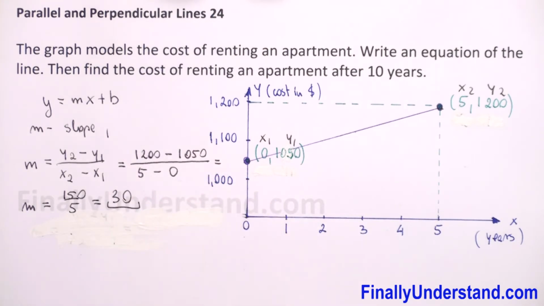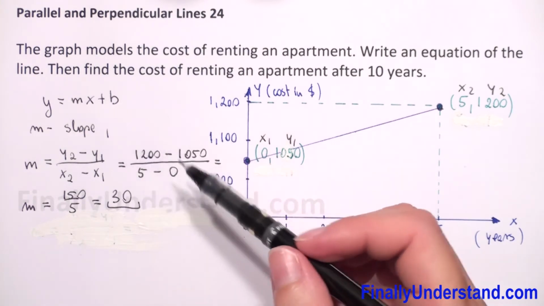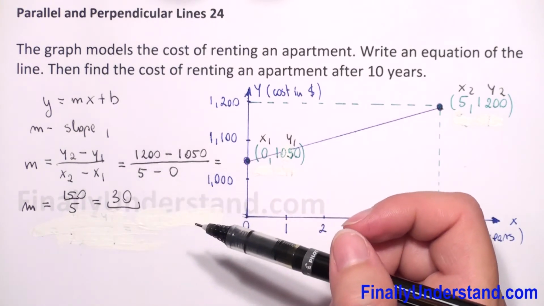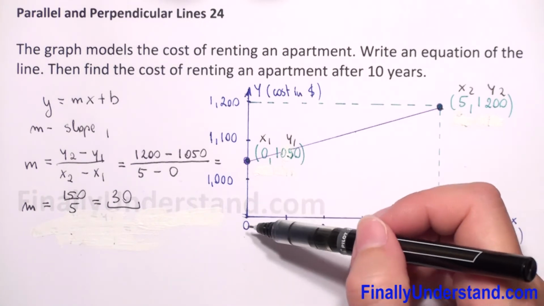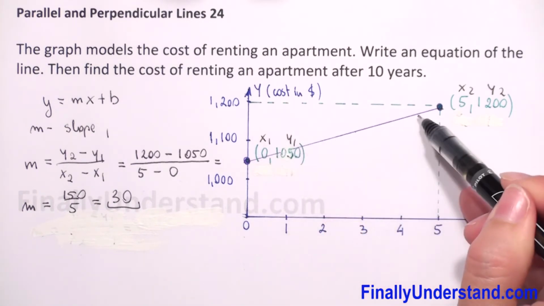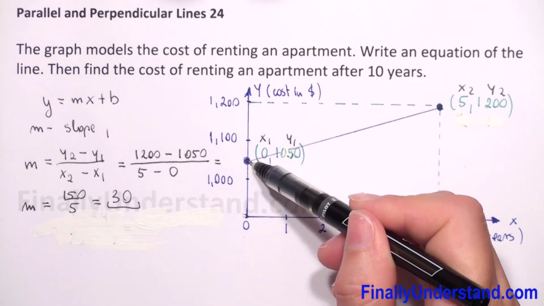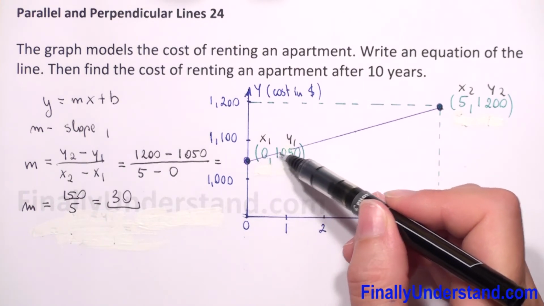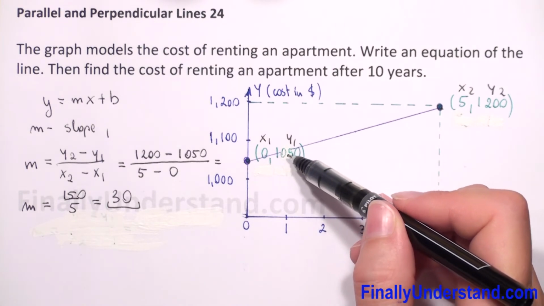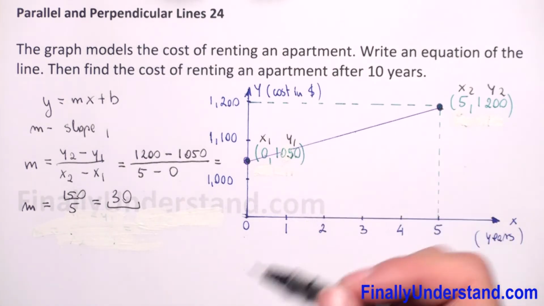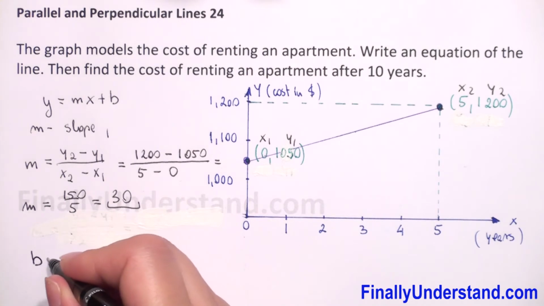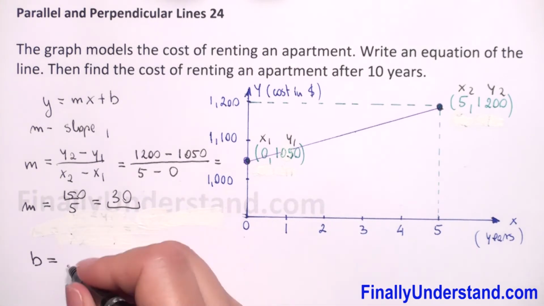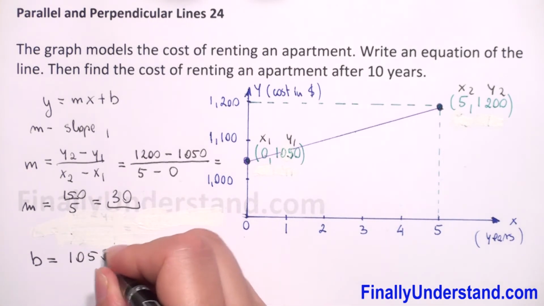We have the slope, and we know that b is the y-intercept. So we see that our graph intercepts the y-axis at the point 0, 1050. So b is equal to 1050.